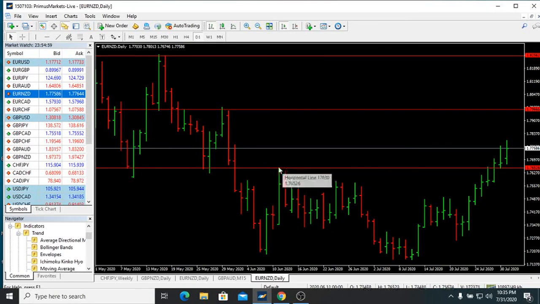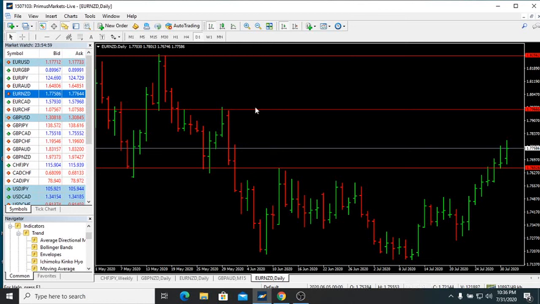This first top was broken. See, it closed above the line, which showed that now that this line is broken officially, it is going to make its way up to the second top, which is this one. So the target is going to be the second top. So officially that this line is broken, this top is broken, the price got broken. So you can see it clear. If not, maybe let me make it bigger.